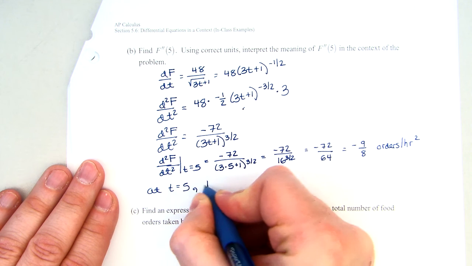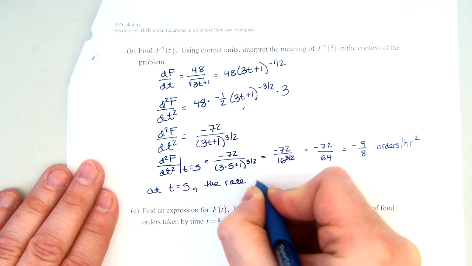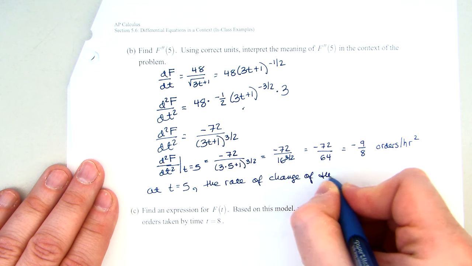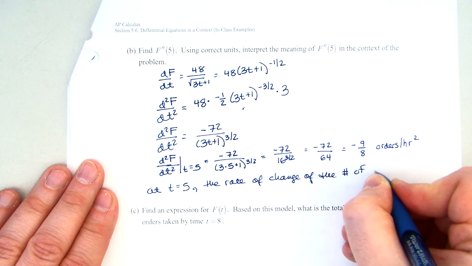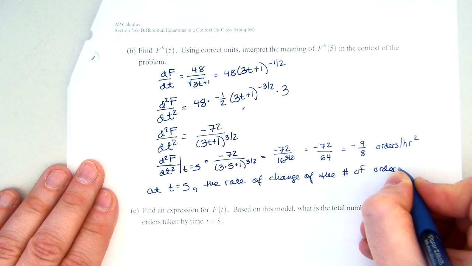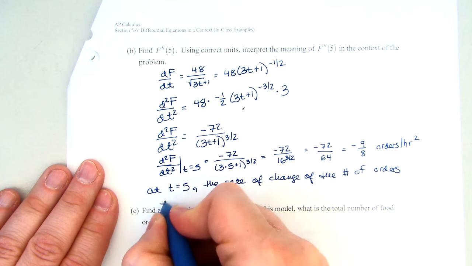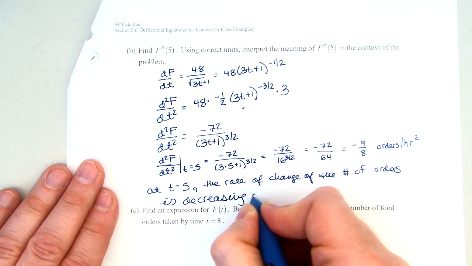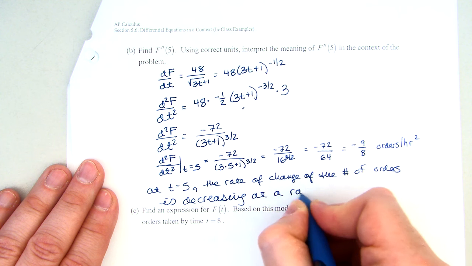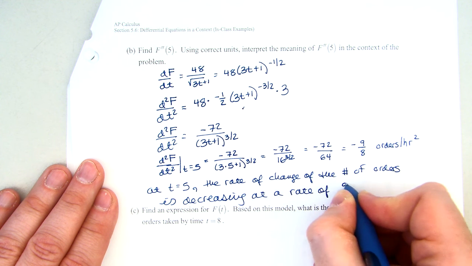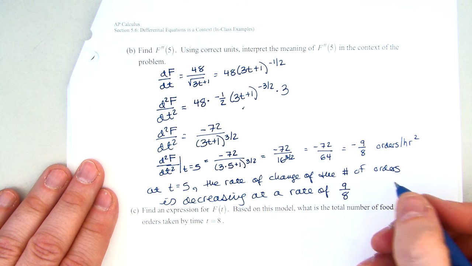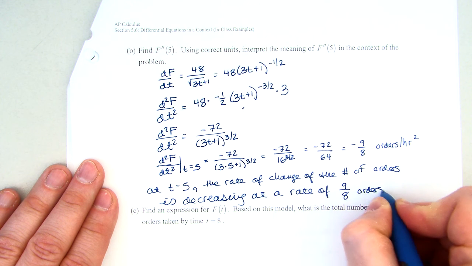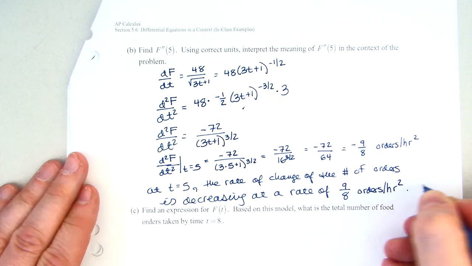The rate of change of the number of orders is increasing or decreasing? Is decreasing at a rate of 9/8. So I'm kind of glad that you didn't say negative because we included that with our decreasing part. 9/8 orders per hour squared.